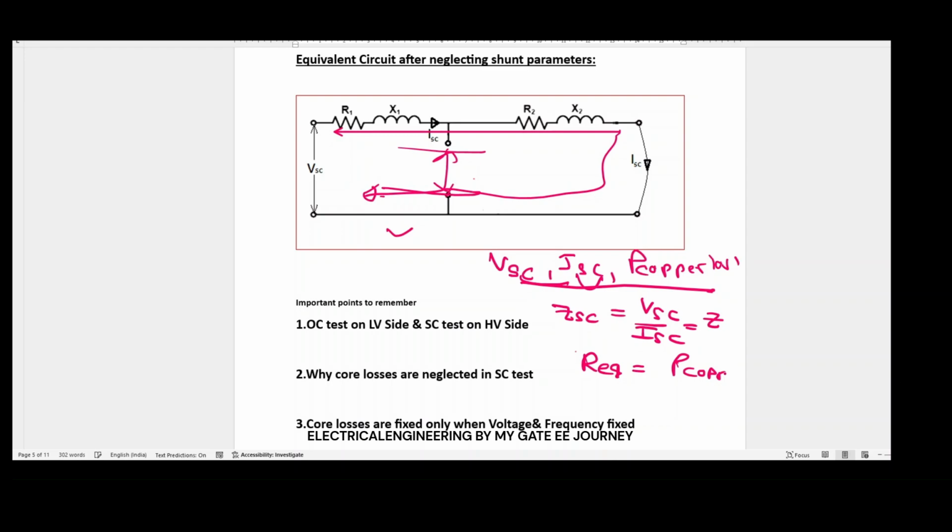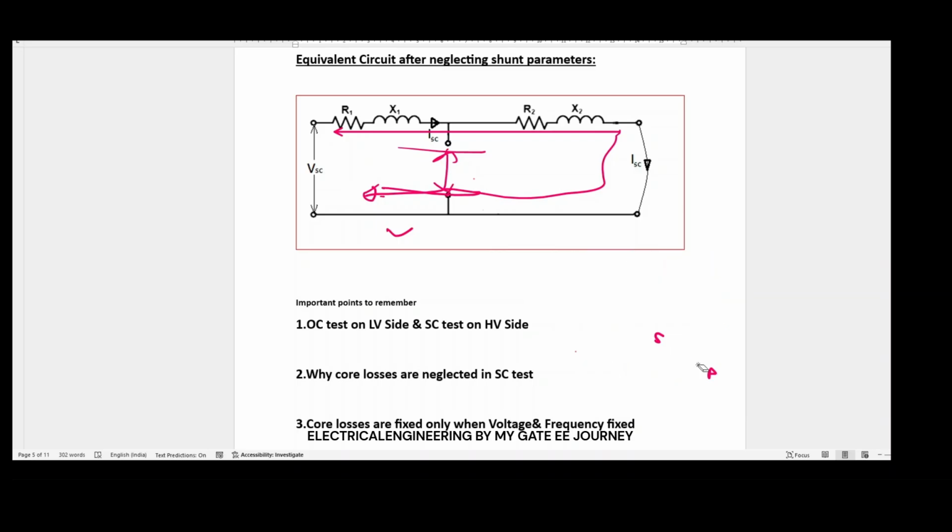Once you have R equivalent and Z equivalent, you can easily find X equivalent, nothing but the square root of Z equivalent squared minus R equivalent squared. So from this calculation you get X equivalent and R equivalent.